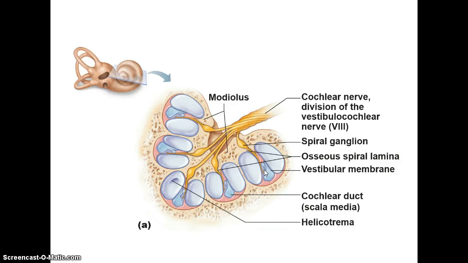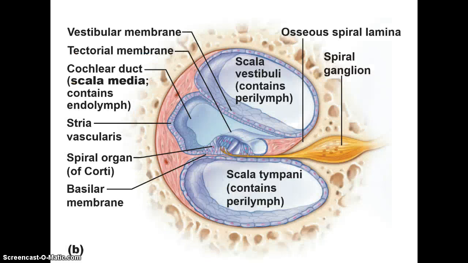In order to find the basilar membrane, you have to zoom in a little further. So if you zoom in on just one cross section through the chambers of the cochlea, you get something that looks like this: your scala vestibuli, your scala tympani, and the cochlear duct in the middle. Lo and behold, this structure right here is our basilar membrane.